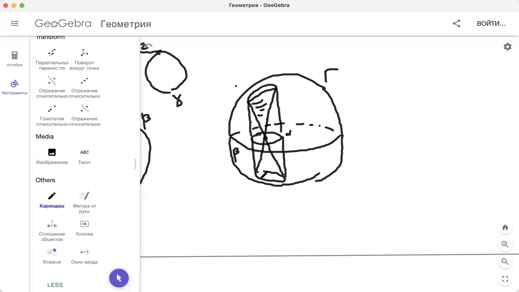And then you can consider tangent planes to this cone. And these tangent planes will intersect the initial sphere in some circles.